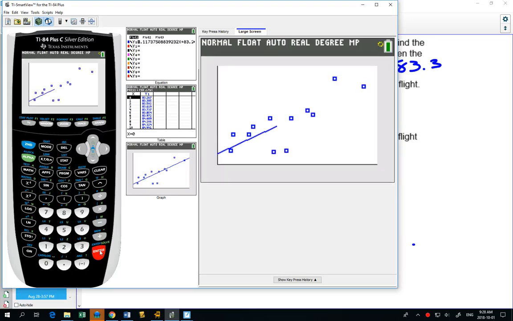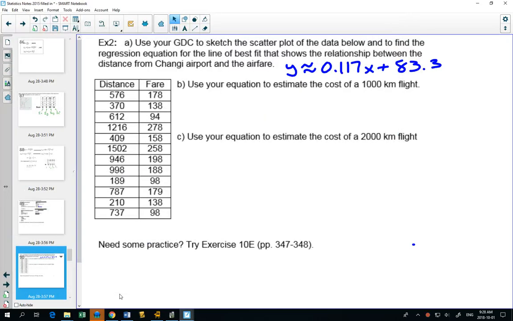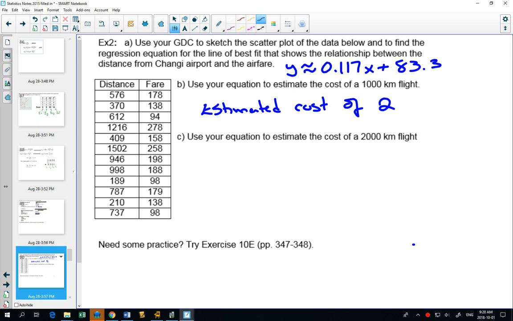So if I know that the x value is 1,000, it calculates my y value to be 200.6. Rounded to 3 sig figs, that would be $201.